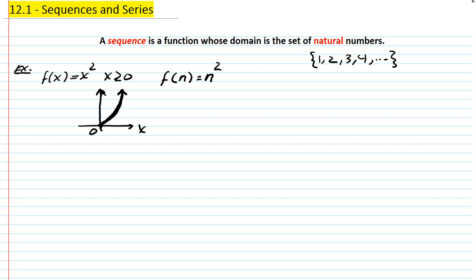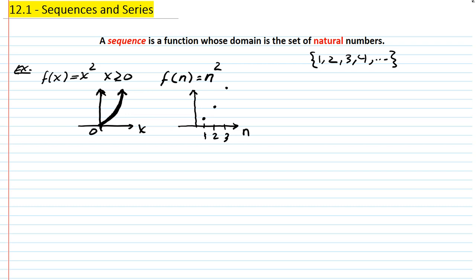If you actually look at the set of natural numbers, and if we plot these points now, n for the variable, not x, and up here we have the function value. I'm going to start with 1, 2, 3, and so on and so forth. So you get 1 squared is 1, 2 squared is 4, 3 squared is 9, like that.